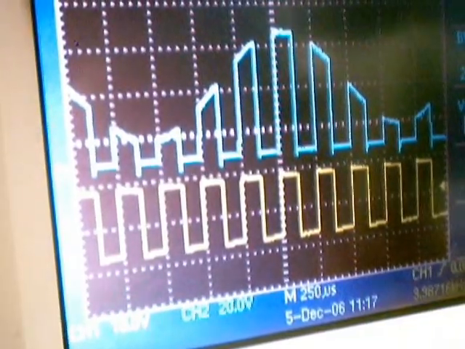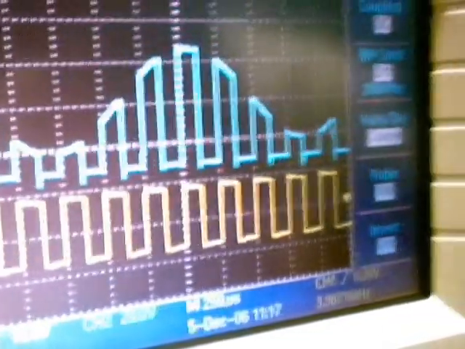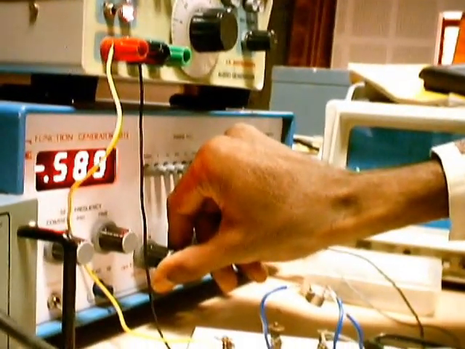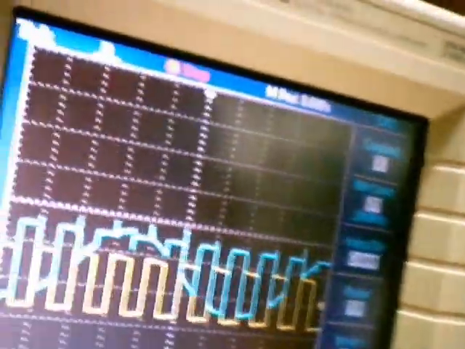So what happens if I don't apply the required DC shift of 3 volt? Let me just introduce a DC shift slightly less than 3 volt. I have reduced this. Let us see what happens on my output waveform. You can see this is the output waveform, the blue one.